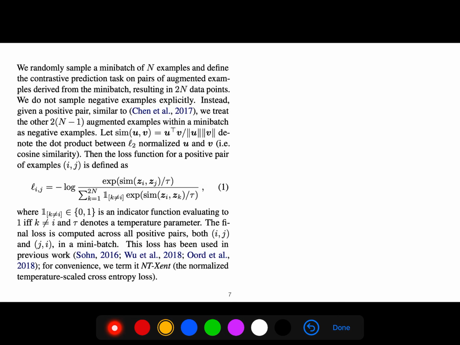Instead, given a positive pair, so this is an augmentation of this image x, we treat the other 2(N-1) augmented examples within a mini batch as negative examples, because we have other images as well that themselves have augmentation.